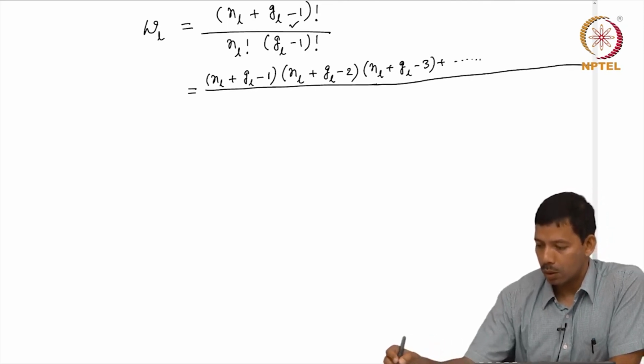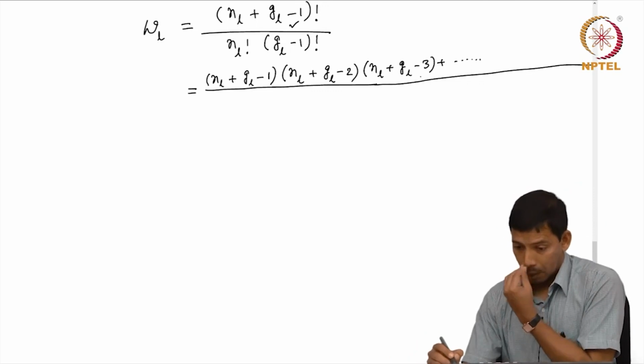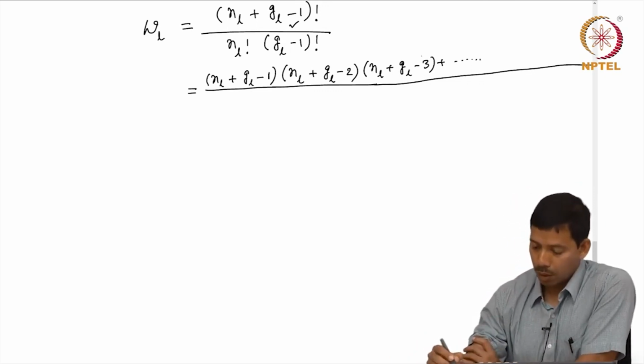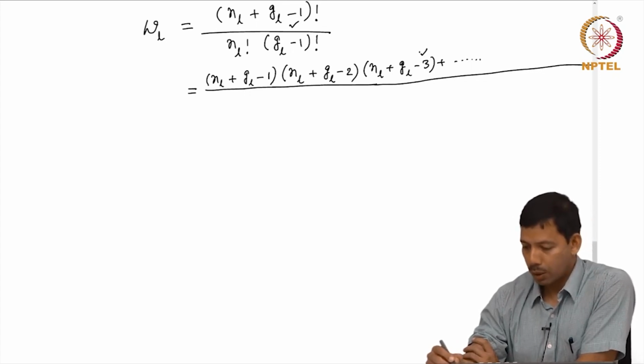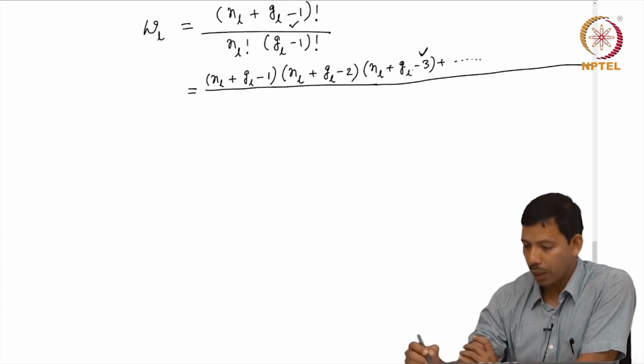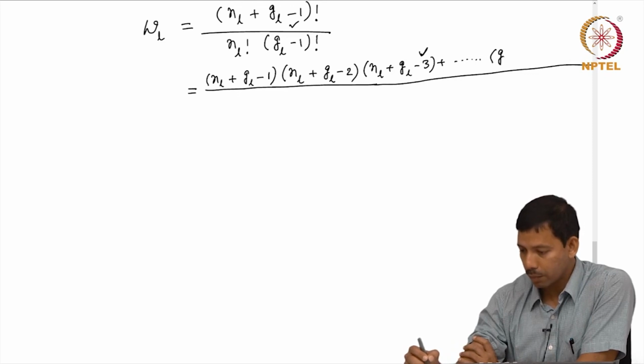This number keeps decreasing, and at a certain point this number becomes equal to NL, and at that point NL minus NL goes off and we get GL. But the series continues.